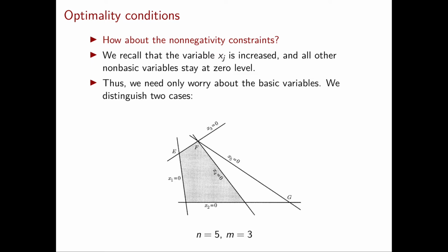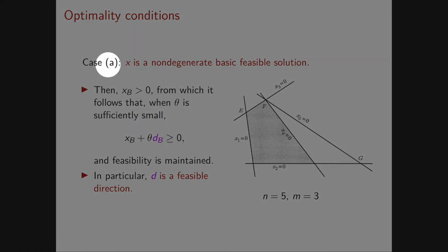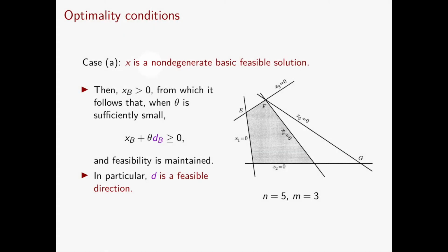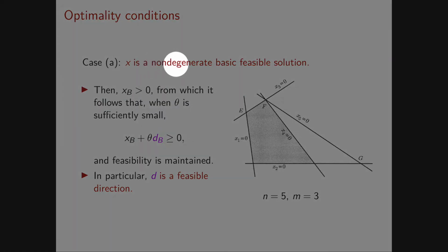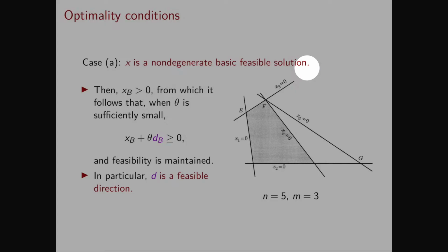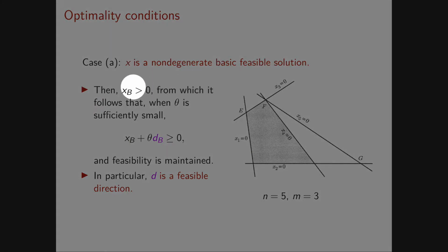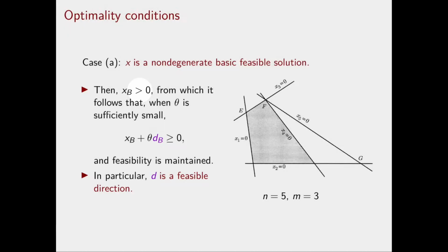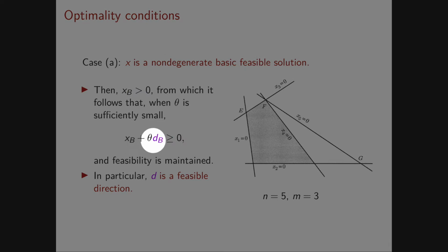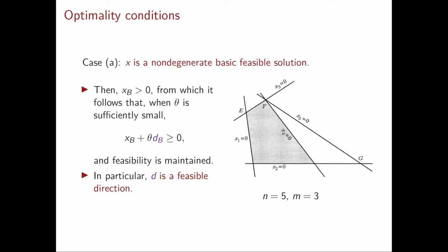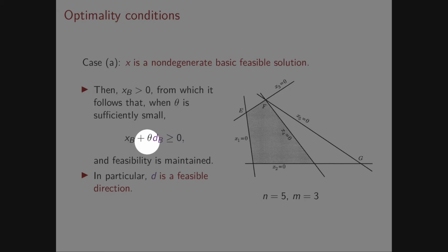And for basic variables, we need to distinguish two cases. The first case is, in a sense, the simpler one. Here we're assuming that x is a non-degenerate basic feasible solution. Since it's non-degenerate, we have that xB is strictly positive. In this case, what happens to our basic components? Well, we saw the basic components are xB plus theta dB. And non-negativity on these variables means that this vector needs to be greater than or equal to 0.